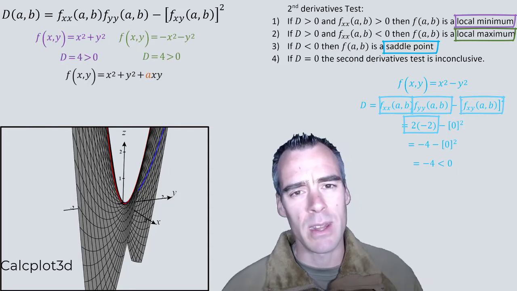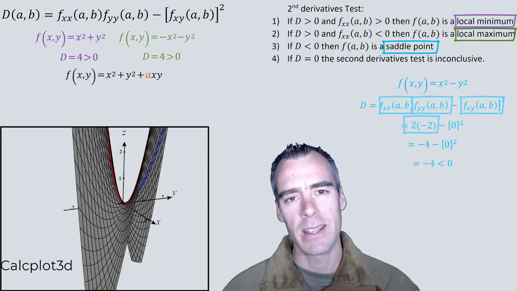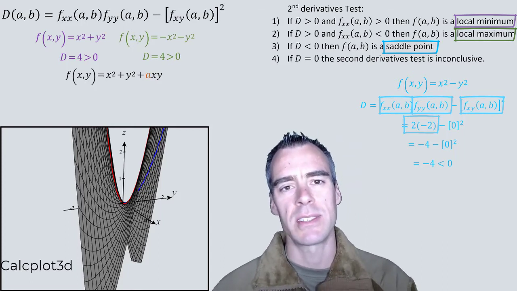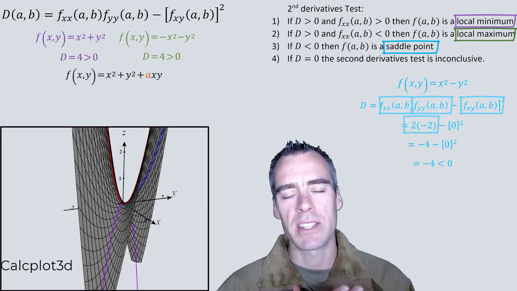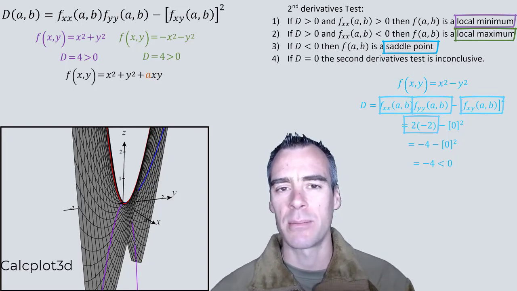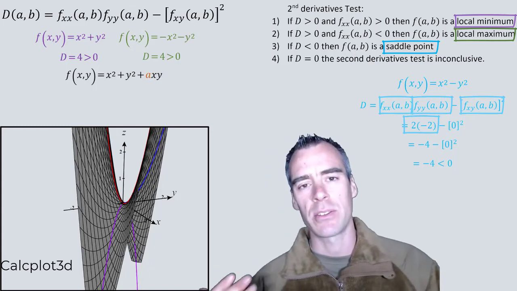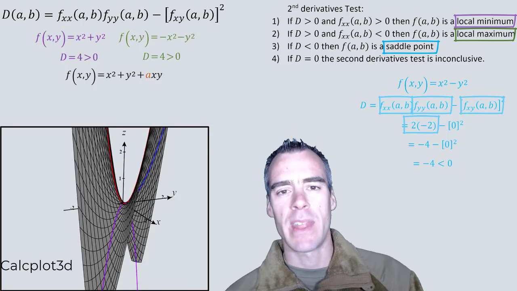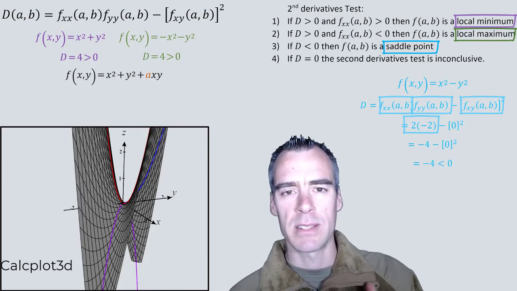So it's concave up in the x and concave up in the y, yet it's still a saddle point. And why is that? Well, just graphically looking at this, you can see that it's concave down in that mixed direction, that diagonal direction that includes both the x and the y. So that's what this cross term does, it accounts for that diagonal between them.